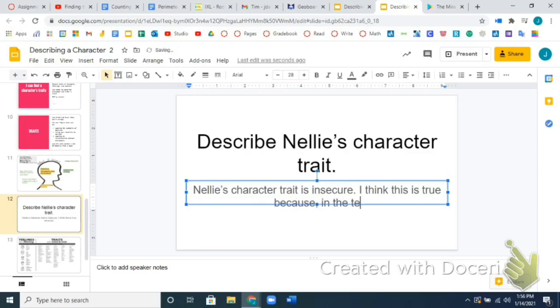In the text, she lets her daughter bully her about having Edward, even though Nellie clearly loves him.